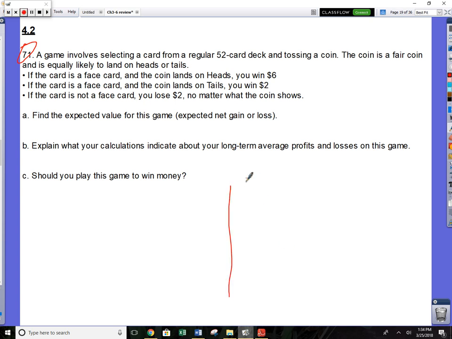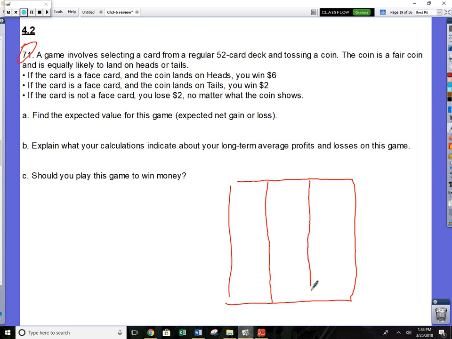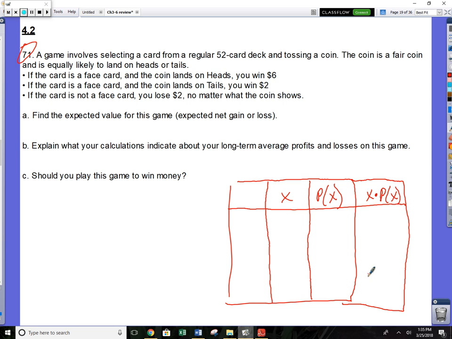So let's make a distribution. I'm going to do 4 columns. This is x, this is the probability of x, and then this last one, I'm going to do x times the probability of x.